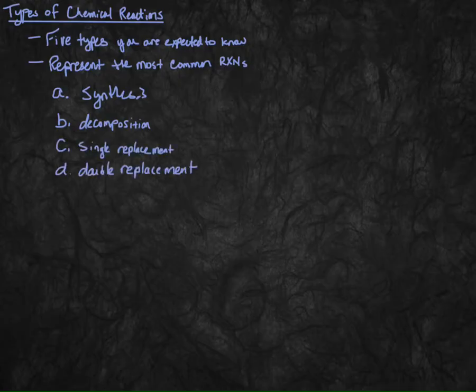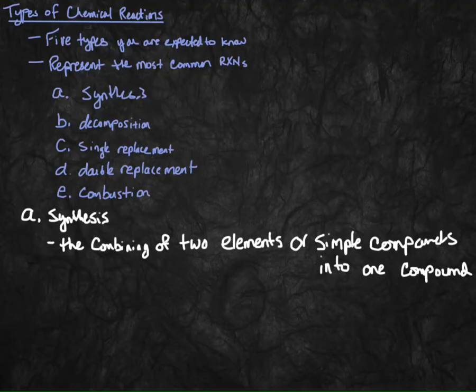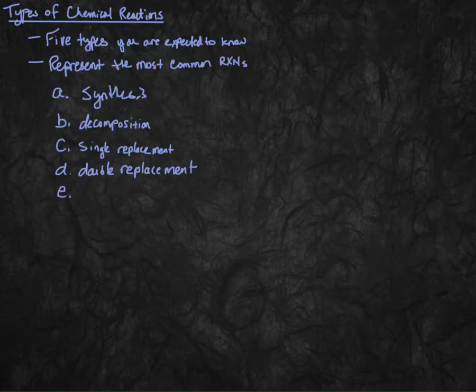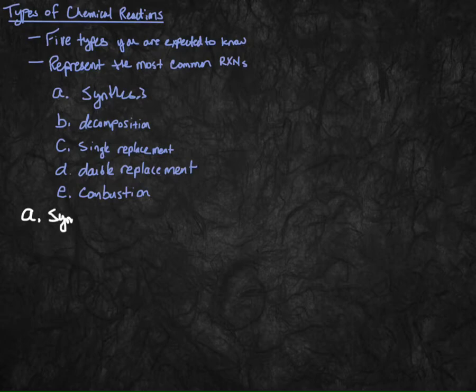And then we'll have another one called double replacement. And then the last one, which is kind of different than the previous 4, but it's very common, one you guys will be interested in, is called combustion. Okay, so we're going to start with the first one, which is synthesis.